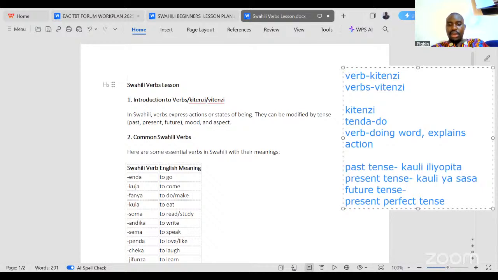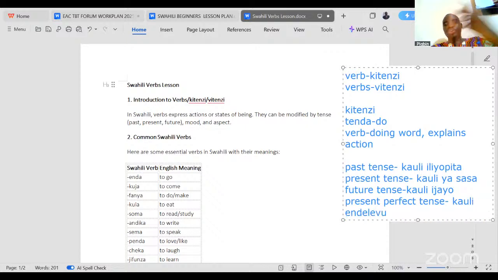And this can be kauli ijayo, which is what will come. While this is kauli endelevu, it means continuous tense.